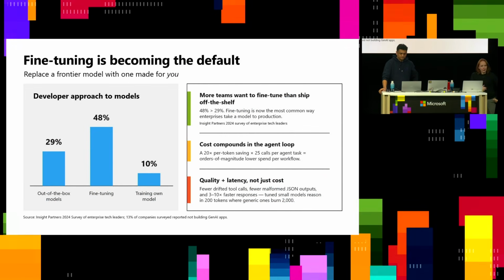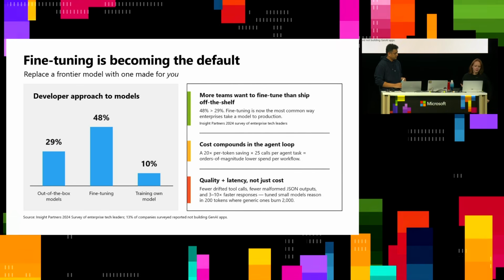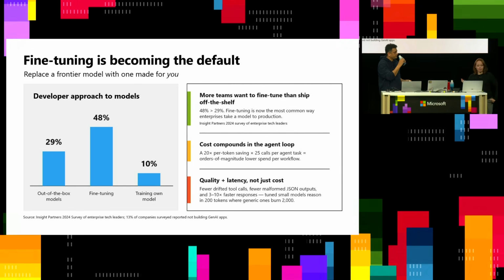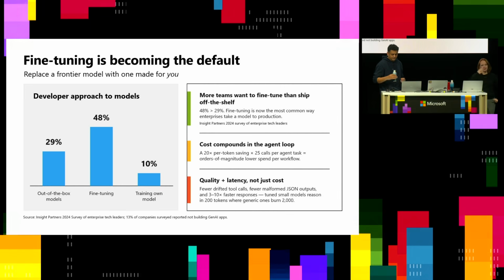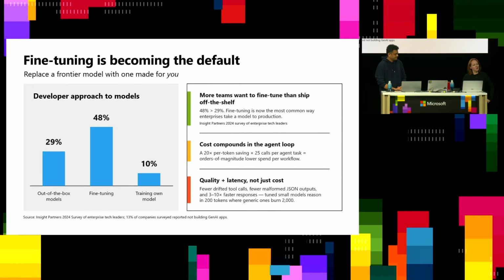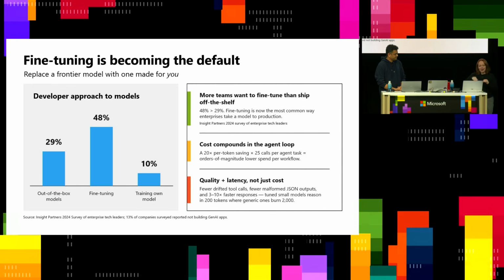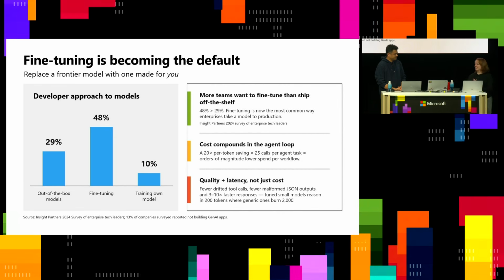I already said fine-tuning is becoming more popular as we see the rise of agents, and we're seeing this in the developer world. About half of developers say that they want to replace their out-of-the-box models with fine-tuning. Three or four years ago, people were like, I'm going to build my own foundation model. Then we moved on and everyone said, you know what, out-of-the-box models are amazing, I'm good, I don't need to do this.